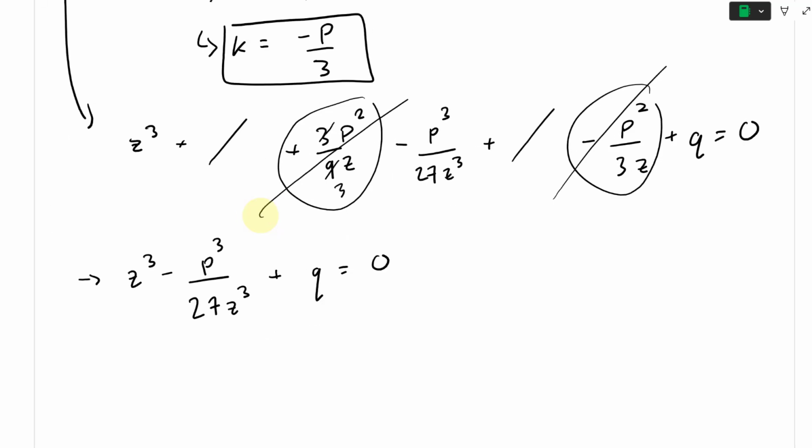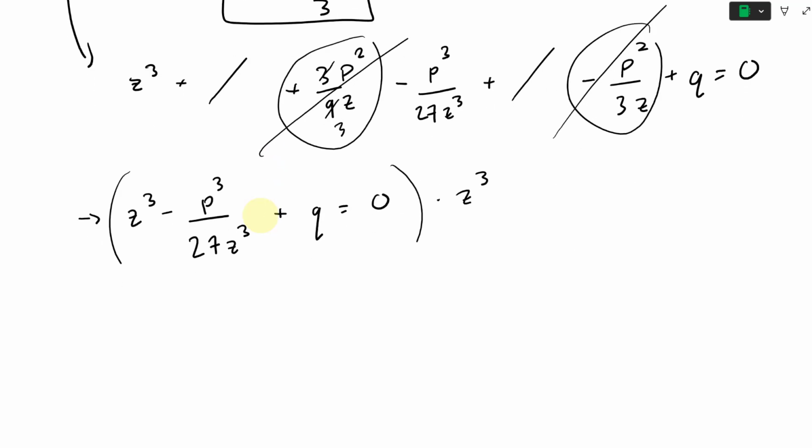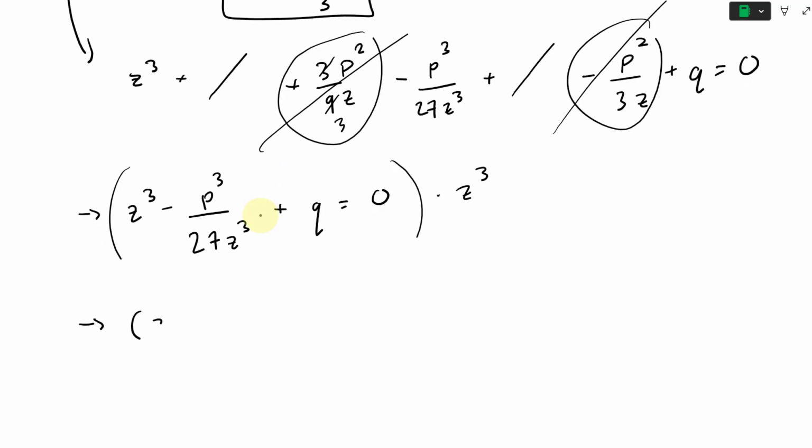And now this we can convert into a quadratic equation. To do this, well, this is z cubed, and this one has z cubed at the bottom. If we multiply everything by z cubed, what we end up getting is, I'm going to put the z cubed in a bracket for our substitution. So it's going to be z cubed and then squared.